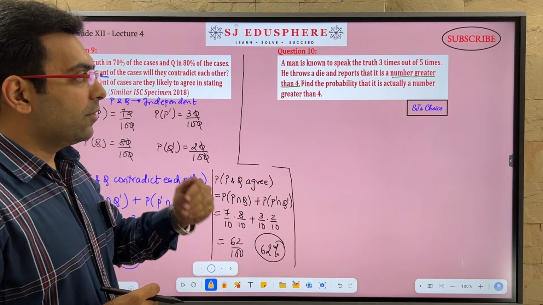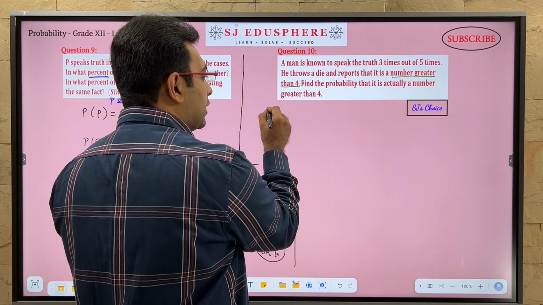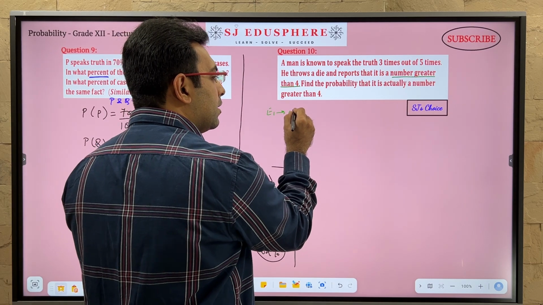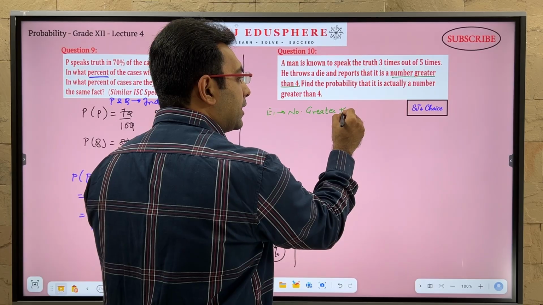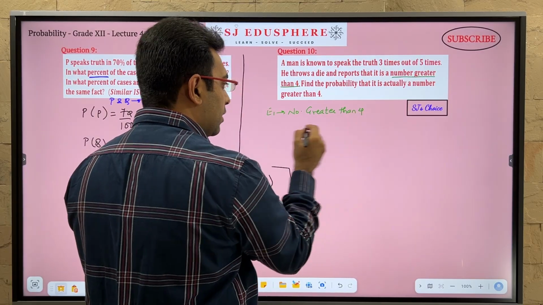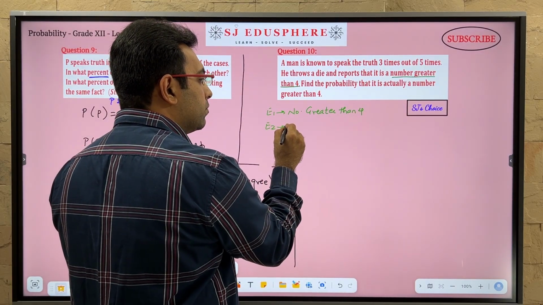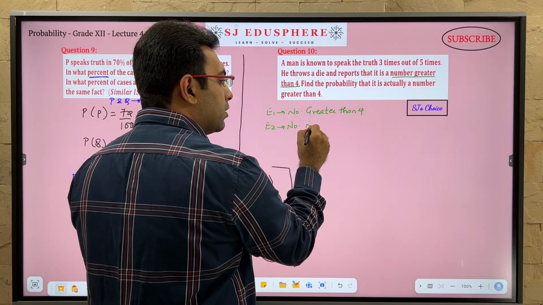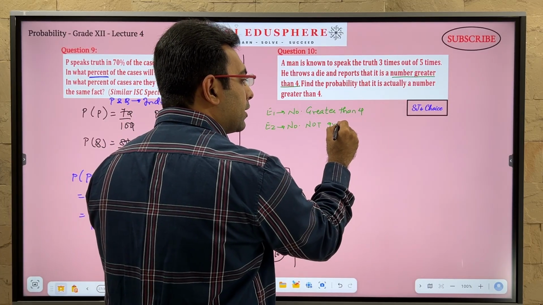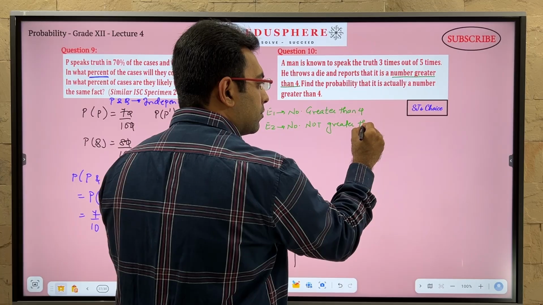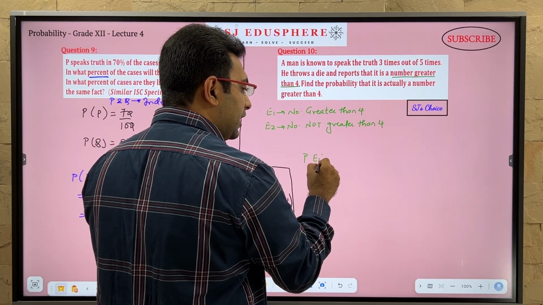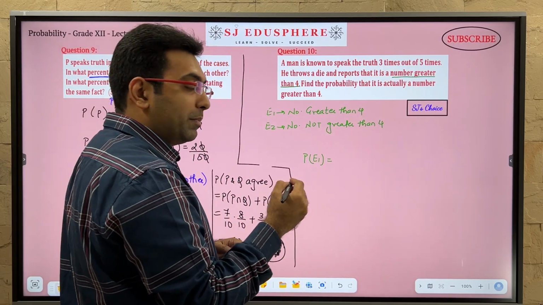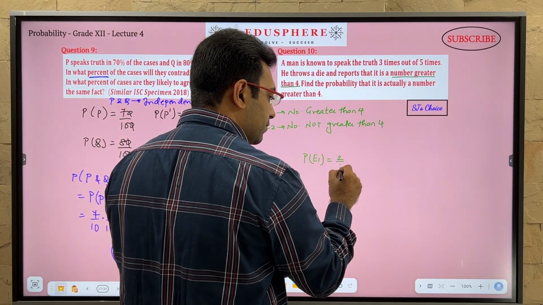So I will first roll a die. So E1 is number greater than 4. E2 is number not greater than 4. So probability of E1, number greater than 4, means 5 or 6, which is 1 by 3.